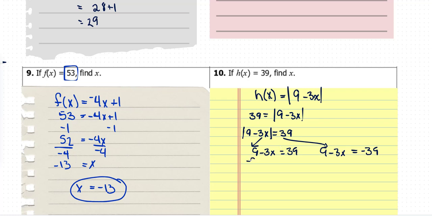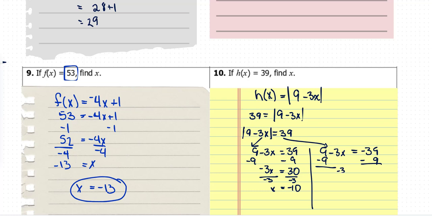So we're going to subtract the 9 from both sides. And so we have negative 3x is equal to 30. Divide by negative 3. And so x is equal to a negative 10. We're going to again subtract 9 on both sides.